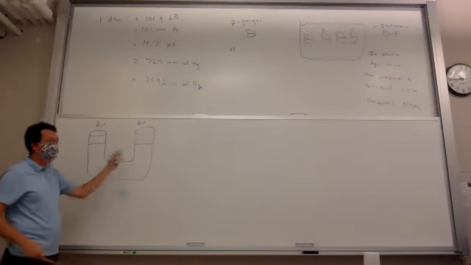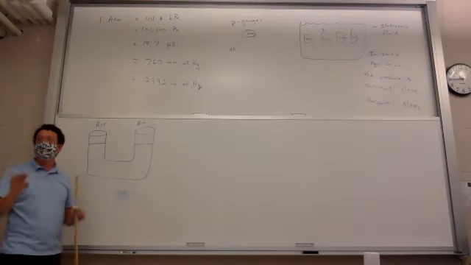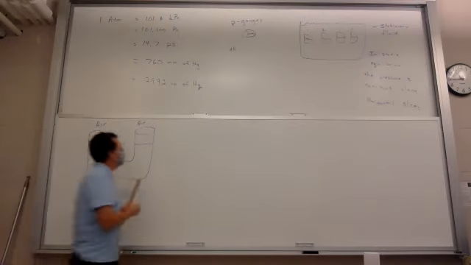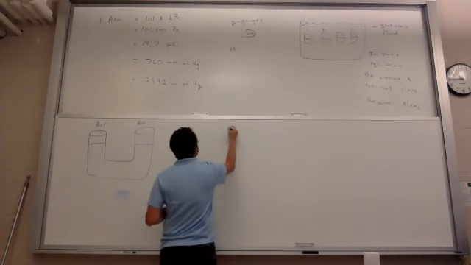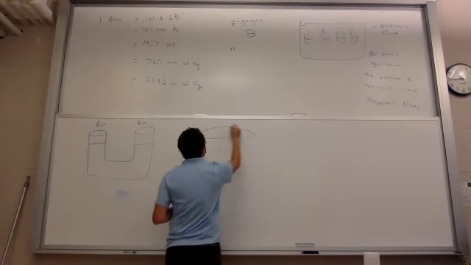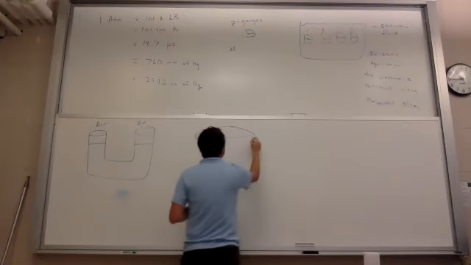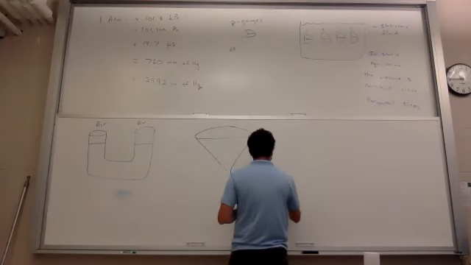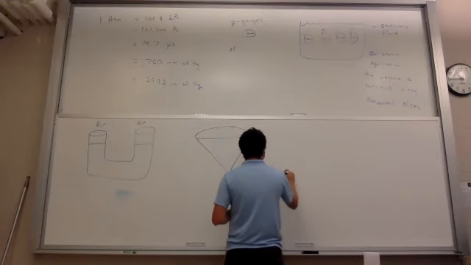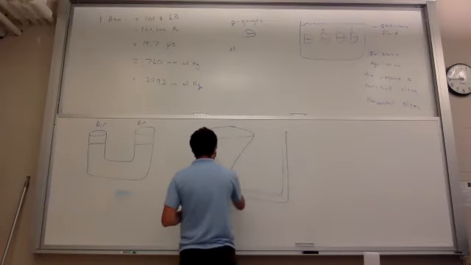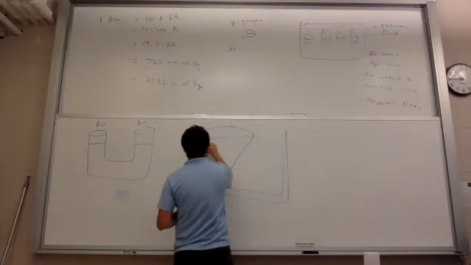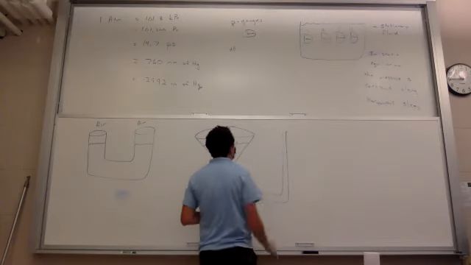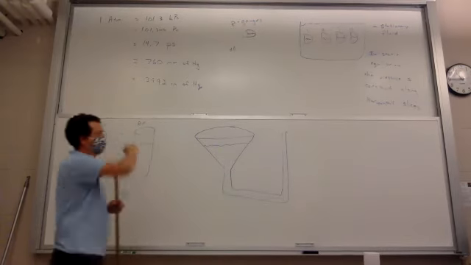So along a horizontal slice, no matter the shape, I didn't say anything about the shape. So you could have a tank which is like this. Where should the level be?